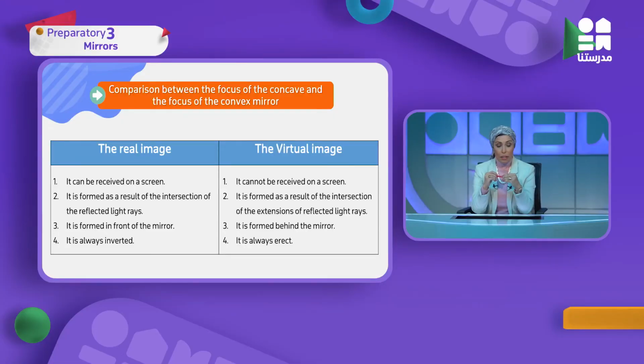So the real image is formed as a result of the intersection between the reflected light rays, while the virtual image is also formed due to an intersection, but of the extension of the reflected light rays. The third point: the real image I can see, so it is formed in front of the mirror.